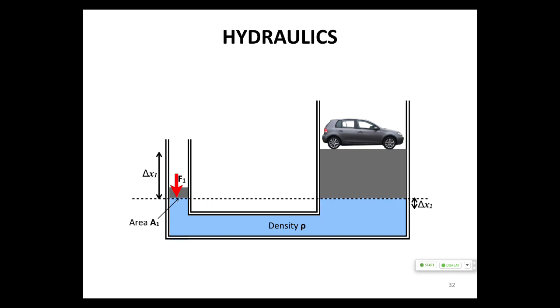So if we apply a small force over a small area, what happens over here? Big force, but over a big area. So pressure is the same, but we can use a small force to lift something with a lot of weight. It's amazing. It would be magic, except it's science. So you can use this large displacement to get a smaller displacement of something very heavy.